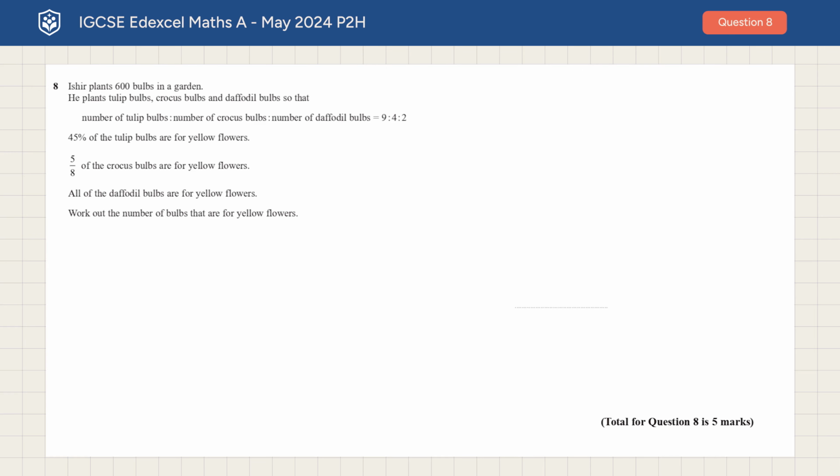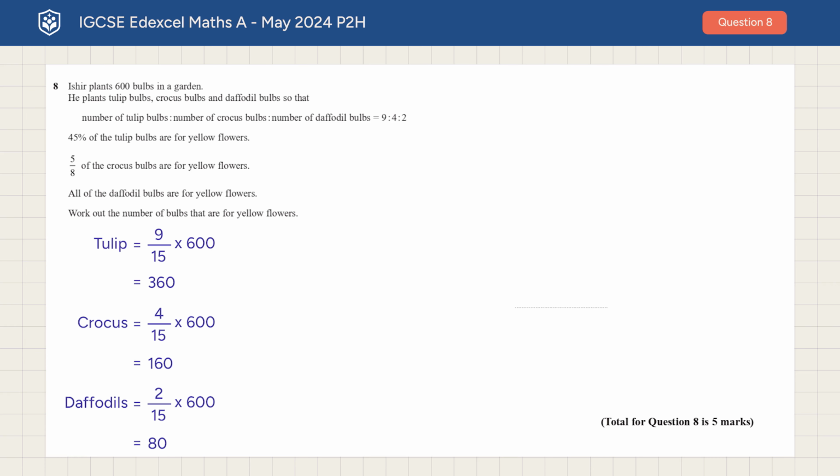Now we can find the total number of each type. For tulips, 9 times 40 is 360 bulbs. For crocus, 4 times 40 is 160 bulbs, and for daffodils, 2 times 40 is 80 bulbs. Next, we calculate how many of each are yellow flowers. For tulips, 45% are yellow, so 45% of 360, or 0.45 times 360, is 162.